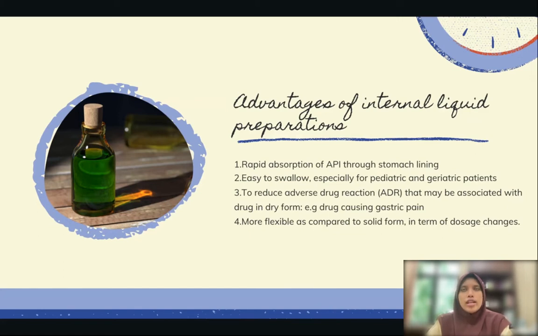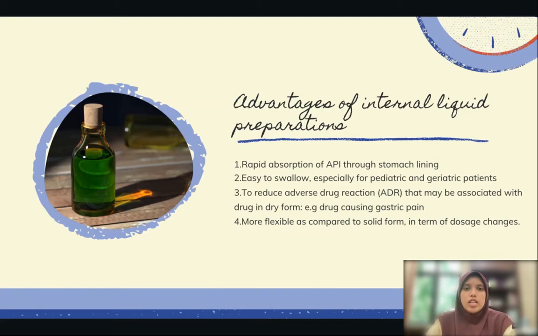So you can expect the effect of taking that paracetamol tablet after half an hour or maximum 1 hour after taking the drug. But if you take liquid preparation, the absorption of the drug will be very rapid, and the effect can be experienced almost immediately.